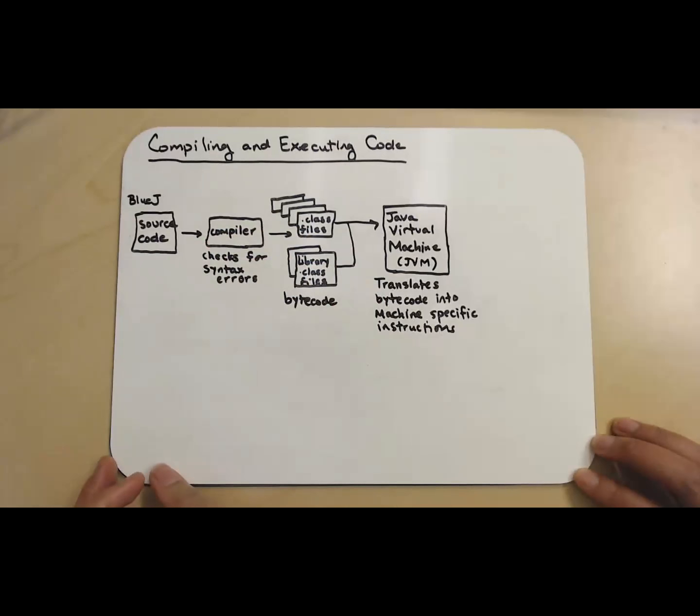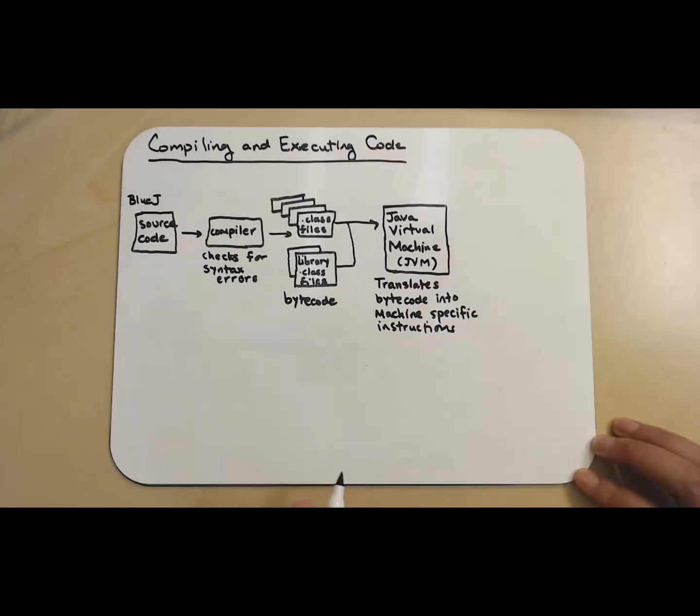Bytecode is machine independent. What I mean by that is I could write some very nice code, compile it into .class files, and then email it to you for you to use. Even though I'm on a Mac and you may be on Windows, it doesn't matter. Bytecode is universal.